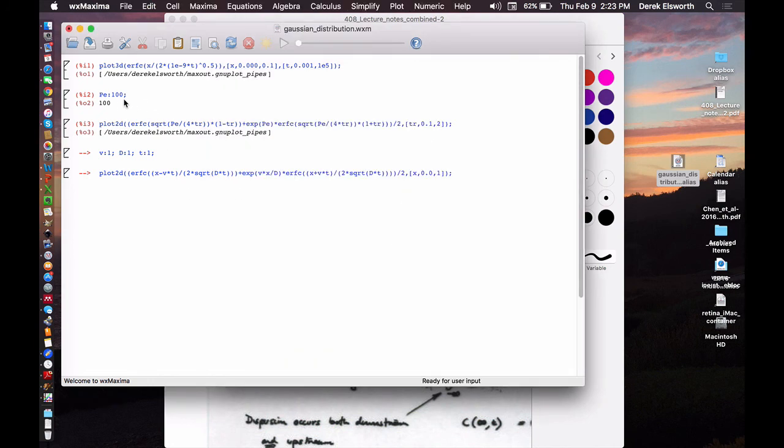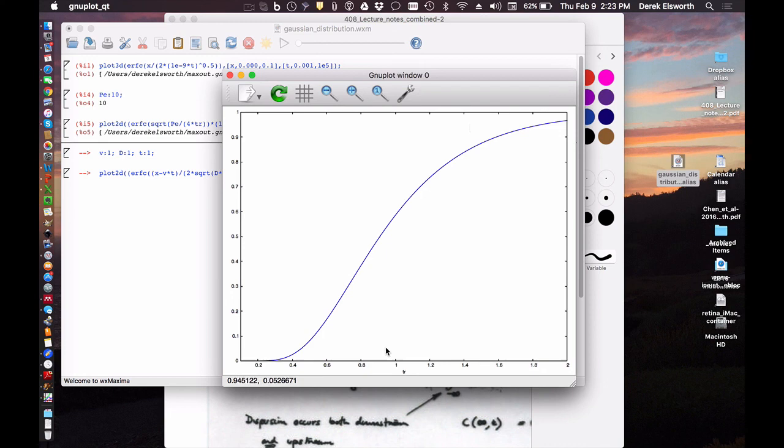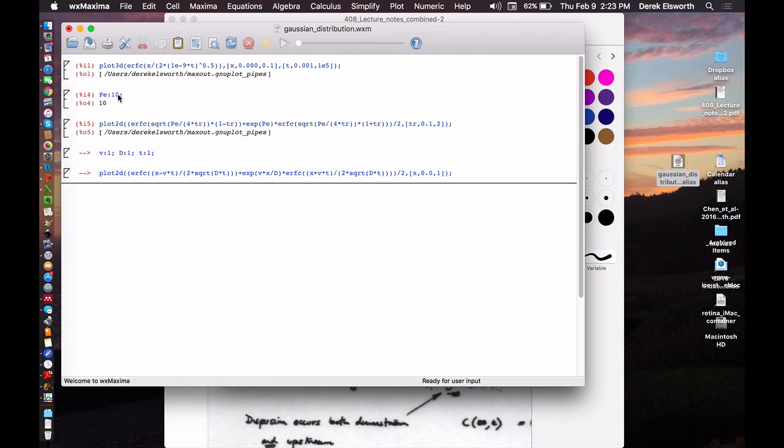If we change that number to something less, you'll end up with exactly the curves that we had before. So now at a Peclet number of 10, this is 1 pore volume, and I'd say it breaks through at about 0.6.